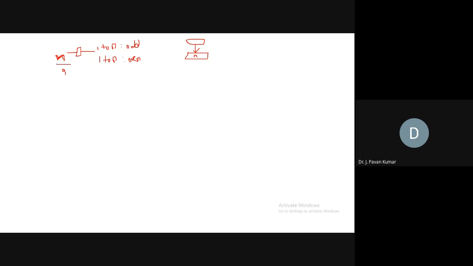If the number is odd, then you have to display all the odd numbers from 1 to n. So if the number is 9, which is an odd number, you have to display all the odd numbers from 1 to 9. So what should be the output? 1, 3, 5, 7, 9.